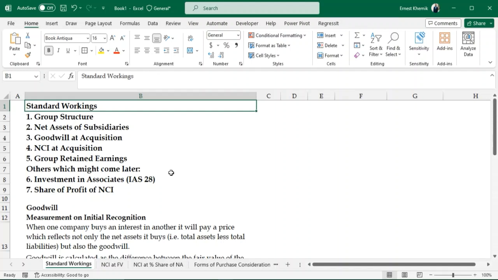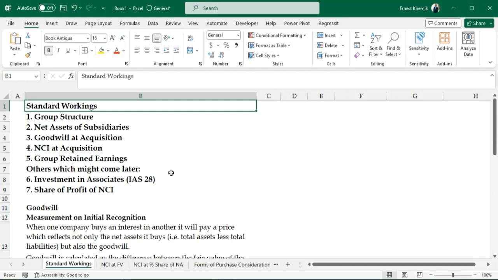From this video onwards, we are going to crunch numbers. We are going to dive deep into crunching of numbers. To do that, we have what we call standard workings that we look at when we are doing this particular consolidation.